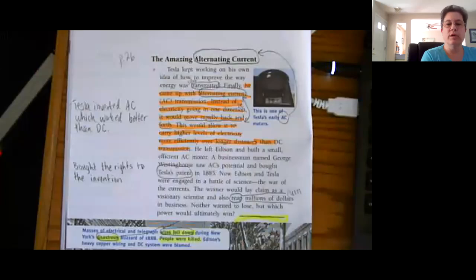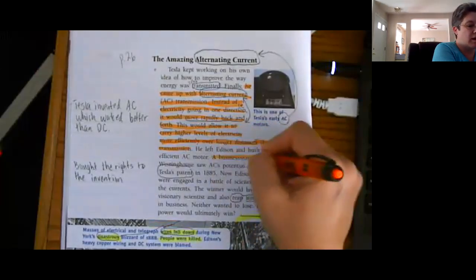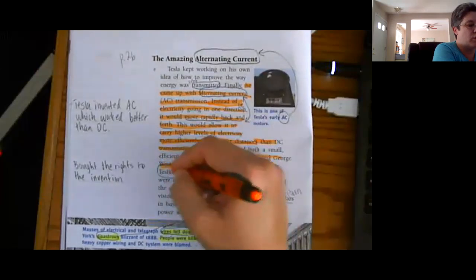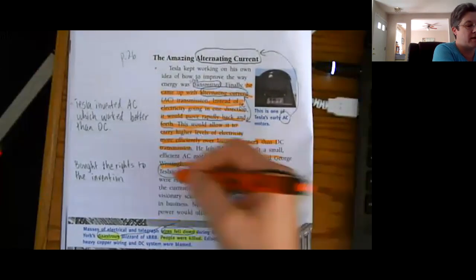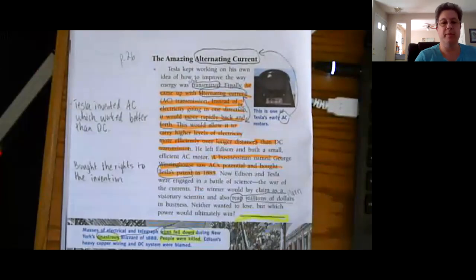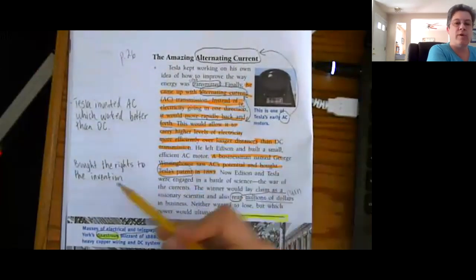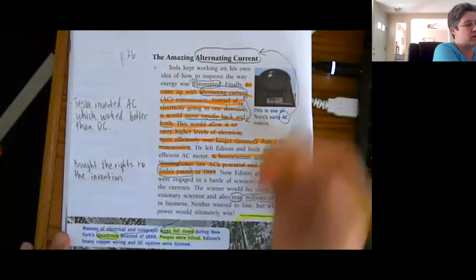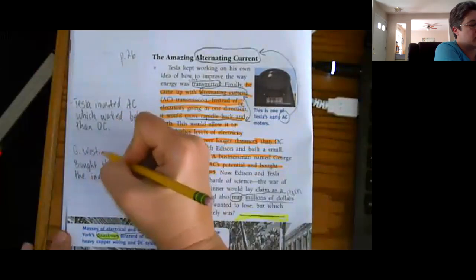Another thing that's important to know on this page is that a businessman named George Westinghouse saw AC's potential and bought Tesla's patent in 1885. Now we've already bought the rights to the invention, so I'm just going to put the name of the businessman, George Westinghouse.